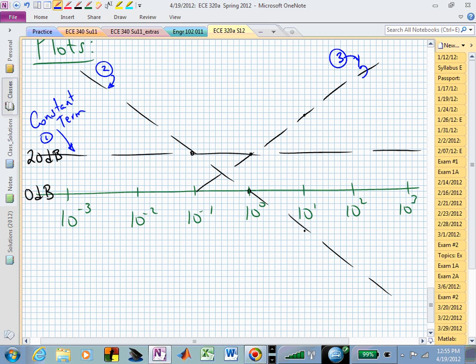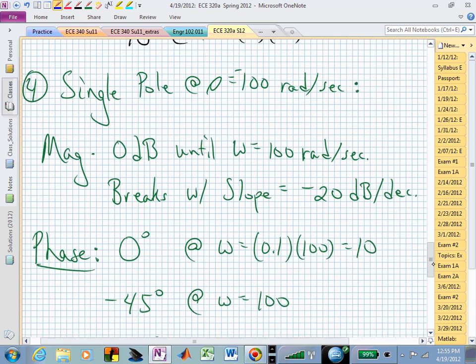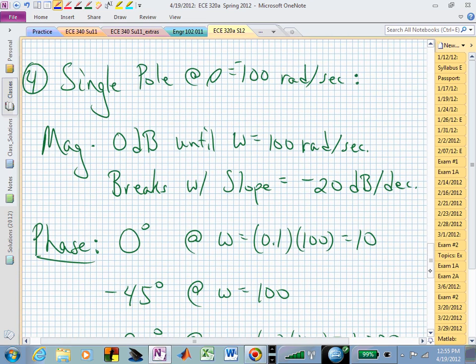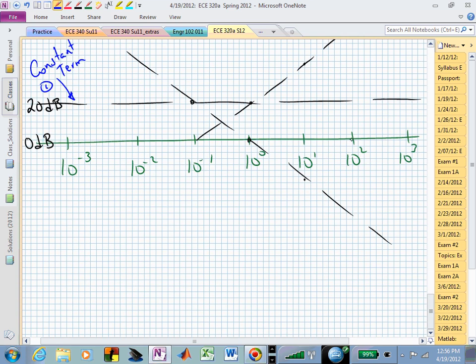It was 0 dB until we reached that zero's break. Then the final piece, term number 4, occurred at 100. That's over here. And we're then down at minus 20 dB for the decade beyond that. So this piece goes down at a slope of minus 20 dB, and this is now term number 4.